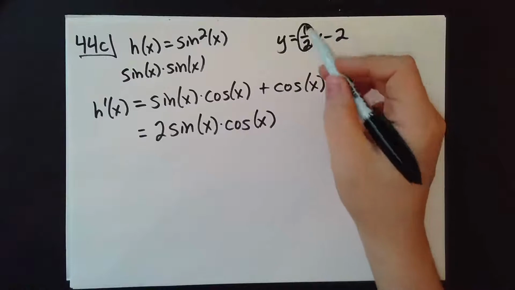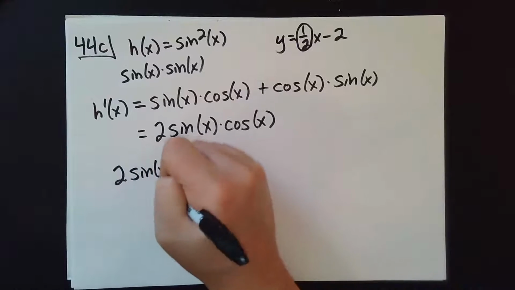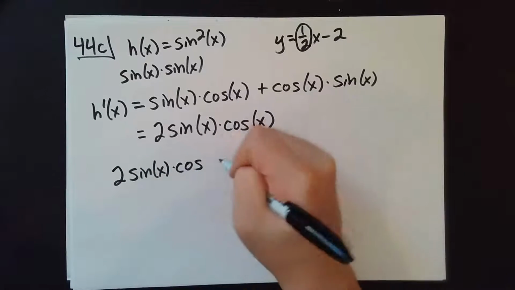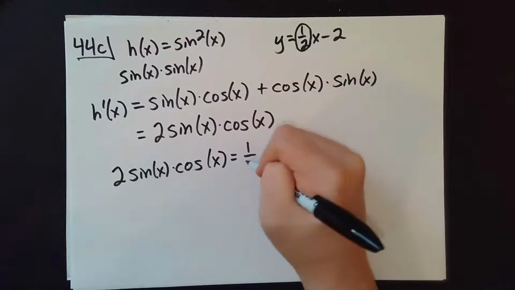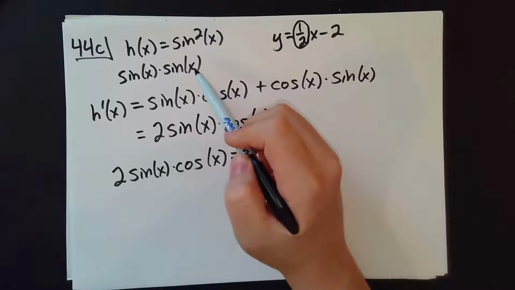And we need to know when this is 1/2. So we'll set 2 sine of x times cosine of x equal to 1/2. This is the product rule I used here, by the way, because it's sine times sine.